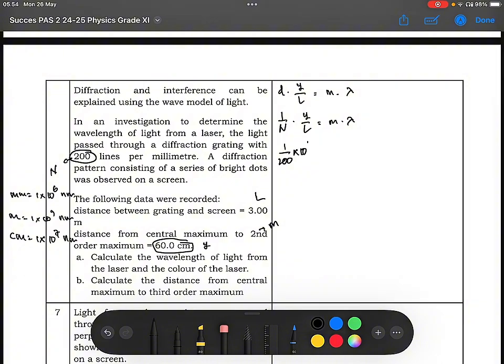For millimeter it is 6, and the Y is 10 to the 7 and the L is 10 to the 9. The M is 2, and the lambda.